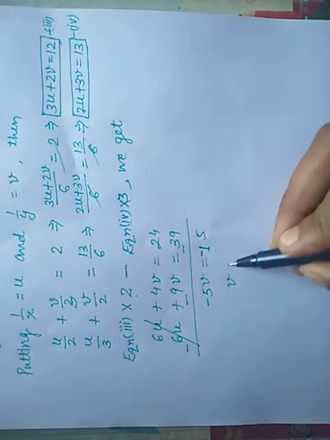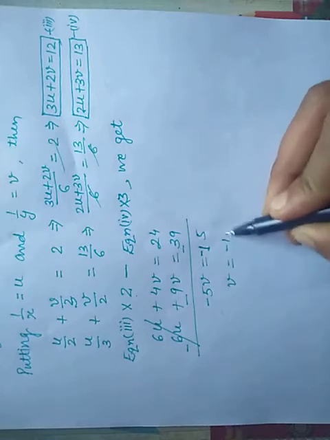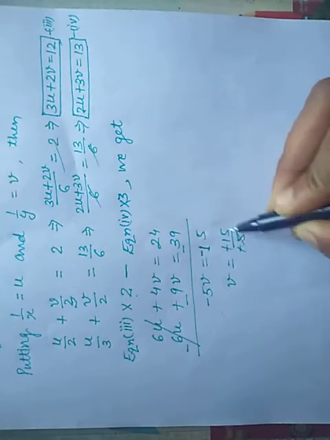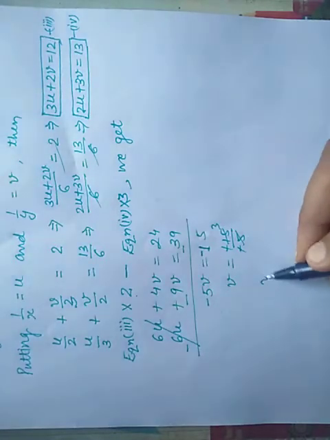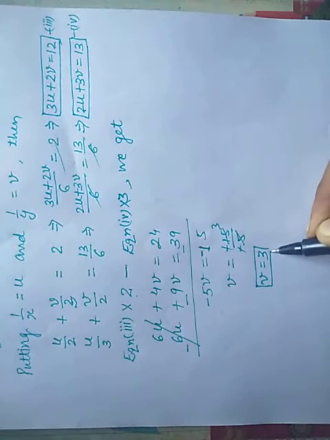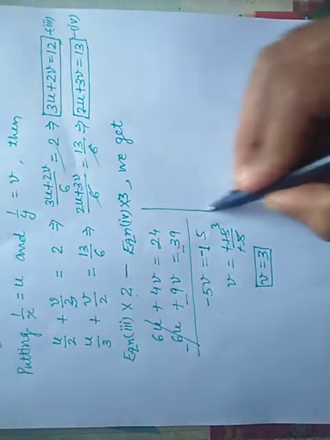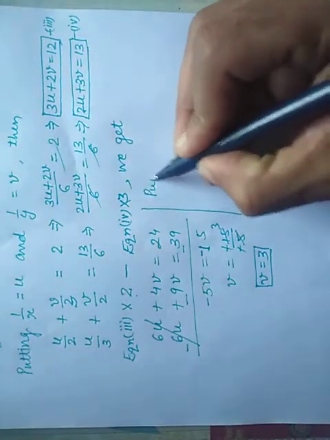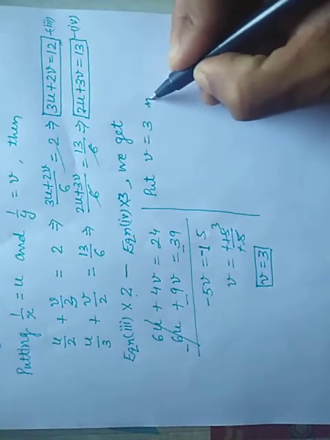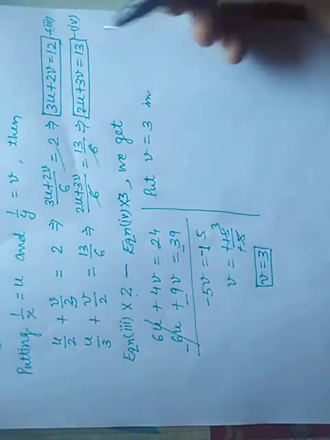Now v will be equal to minus 15 over minus 5, minus will cancel with minus, 5 threes are 15, and the value of v is 3. Okay, now we will put v is equal to 3 in any one equation out of third and fourth.